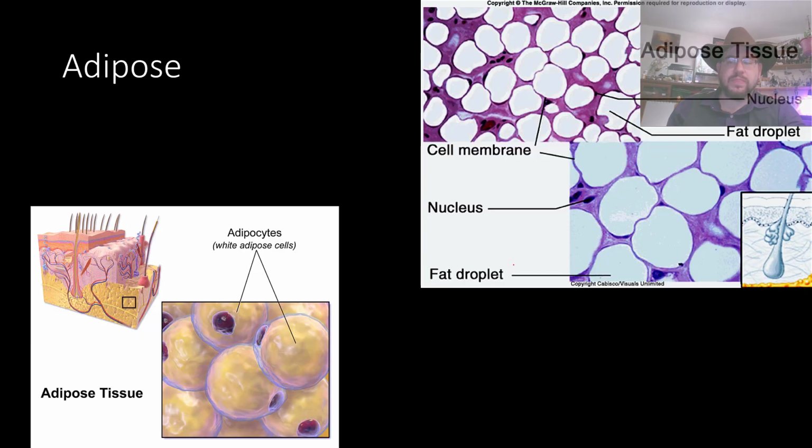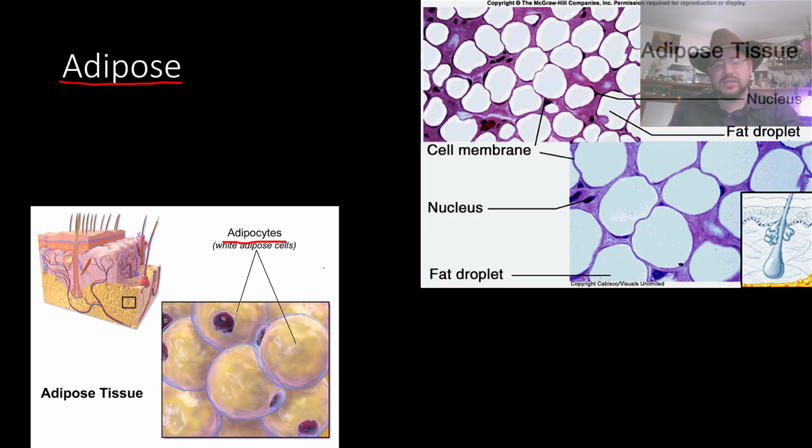So, very good. Another type of connective tissue is specialized, is adipose tissue. So adipose tissue is loose connective tissue with a primary cell, the adipocyte.